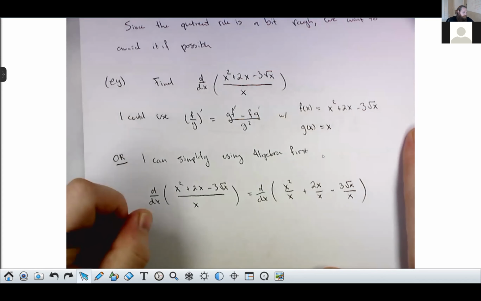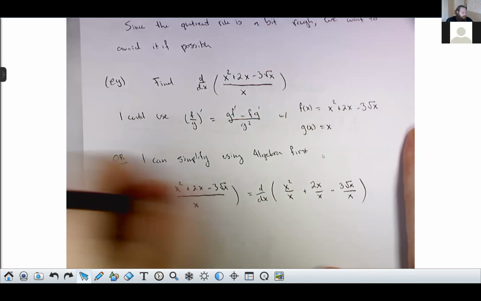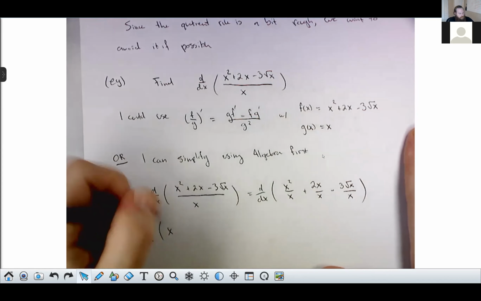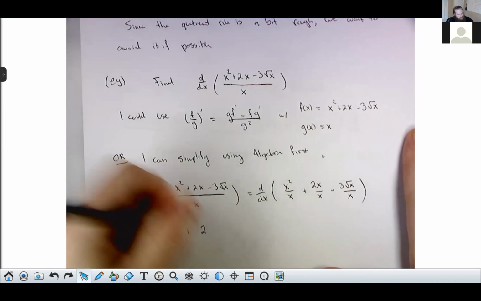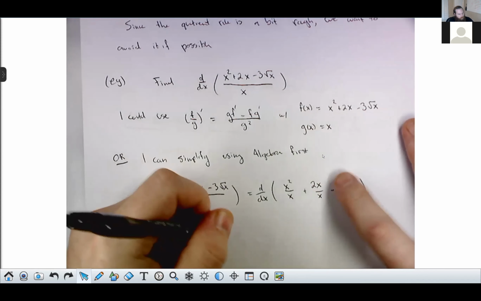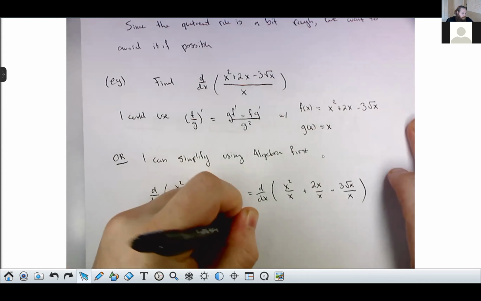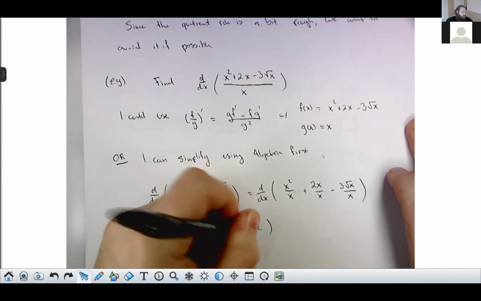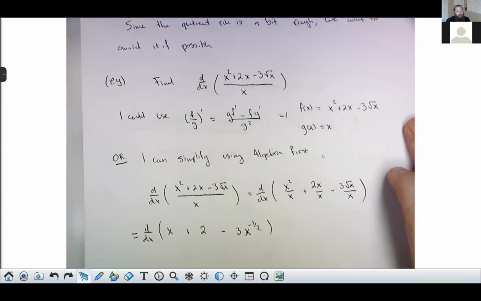And then each of those pieces: x squared over x is just x. 2x over x is 2. And 3 root x over x is 3x to the negative 1/2 when we simplify.